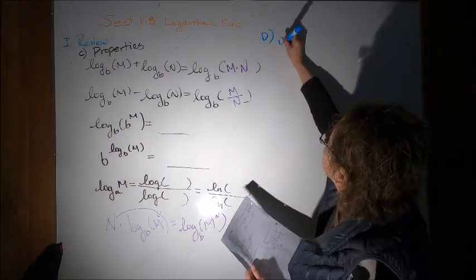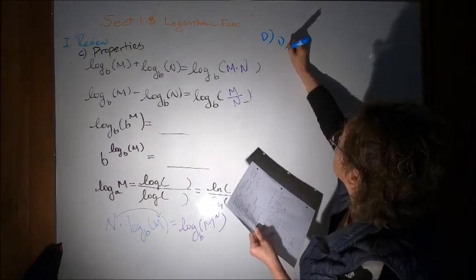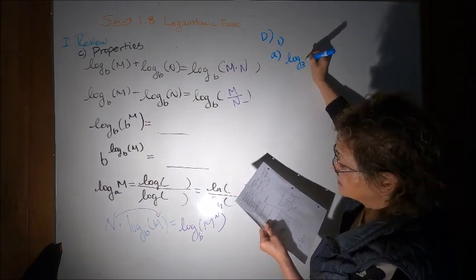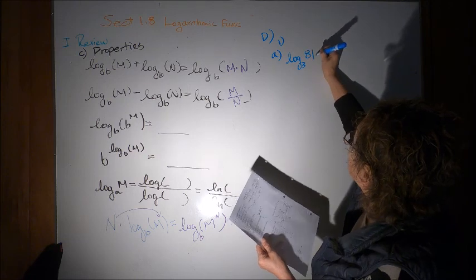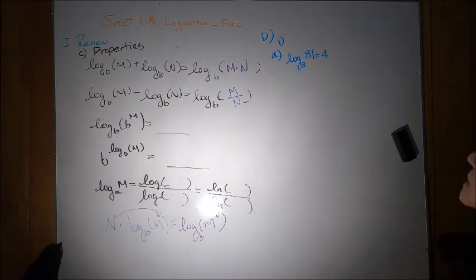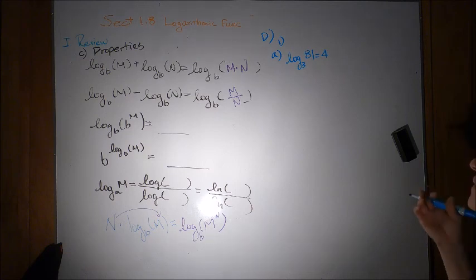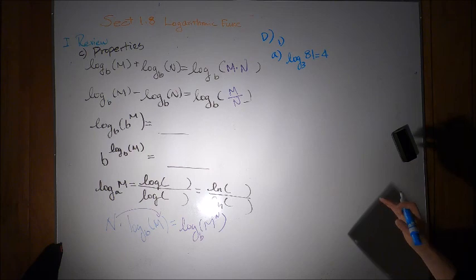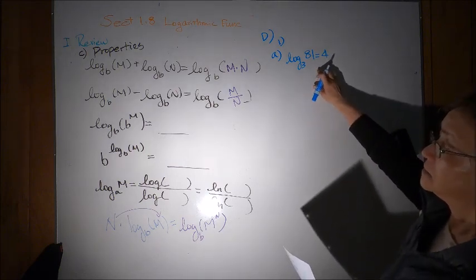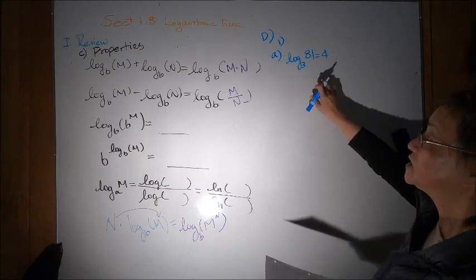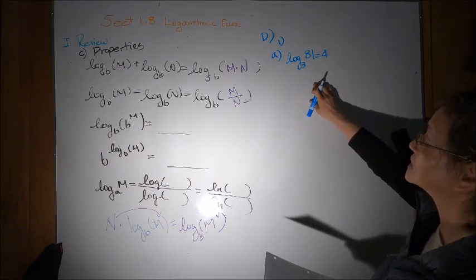And let's see, if I have this one, we say logs are the opposite, the reverse, of exponential things, right? So they are interchangeable. I have log things here, and they are interchangeable with exponential things.